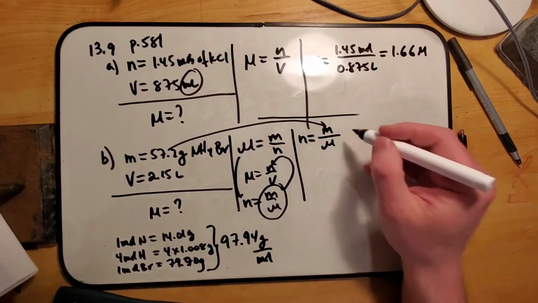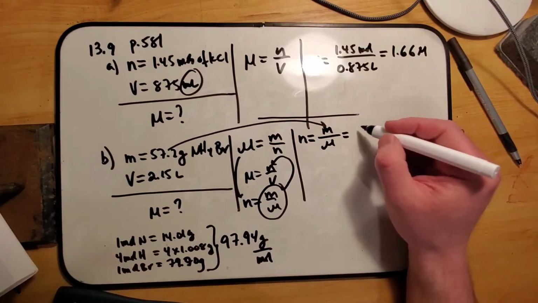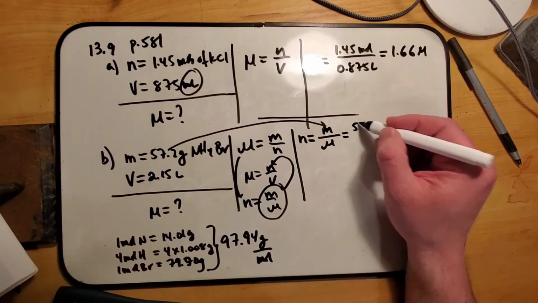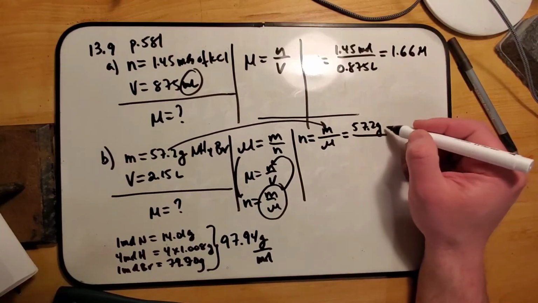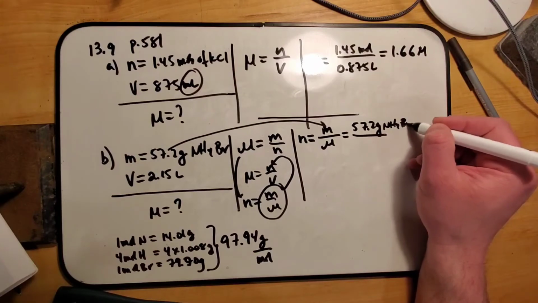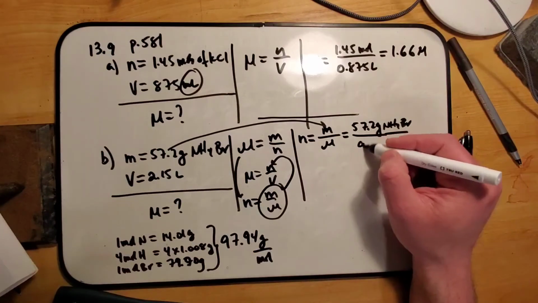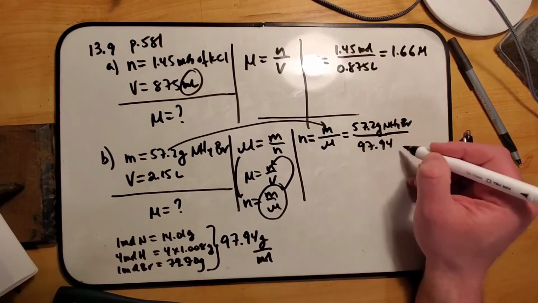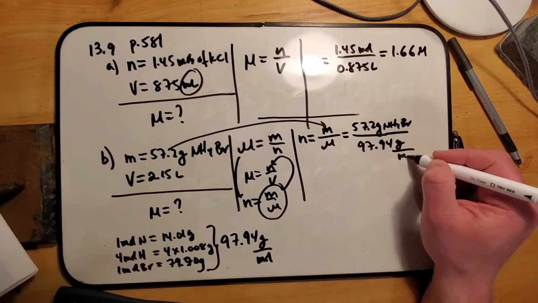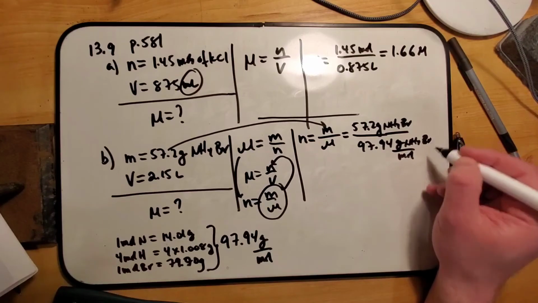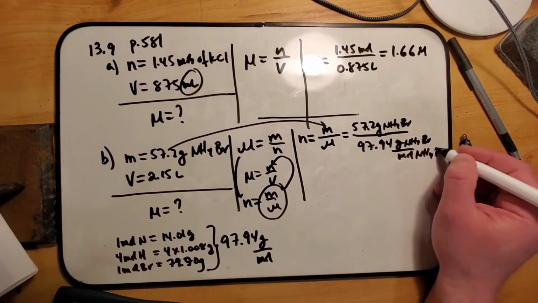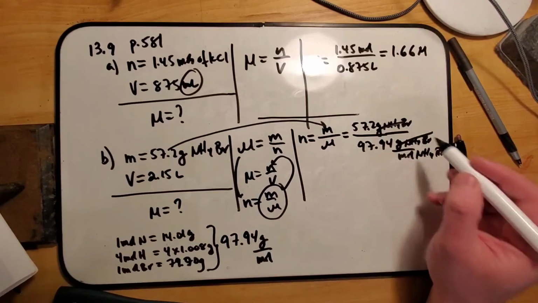Okay. So I can right away just plug it in here. The mass here is 57.2 grams of ammonium bromide divided by 97.94 grams per mole. And again, this is the same substance here, NH4Br. Grams and grams cancel out.